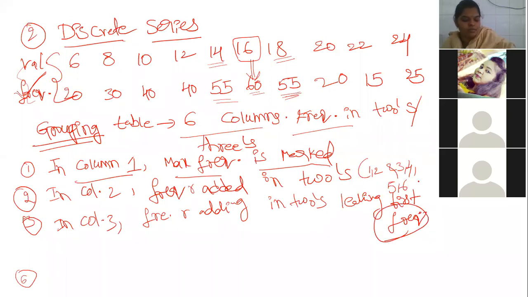So in the third column, what are you going to do? Frequencies will be added in twos, but we are leaving the first frequency. That means you are going to add 2 and 3, 4 and 5, 6 and 7, like that.